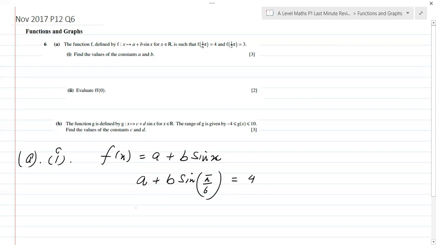So we get a plus sine pi by 6, which gives us half, so that's a plus half b is equal to 4. We can rewrite this by multiplying the whole equation by 2, and we get 2a plus b is equal to 8. So that's our first equation.